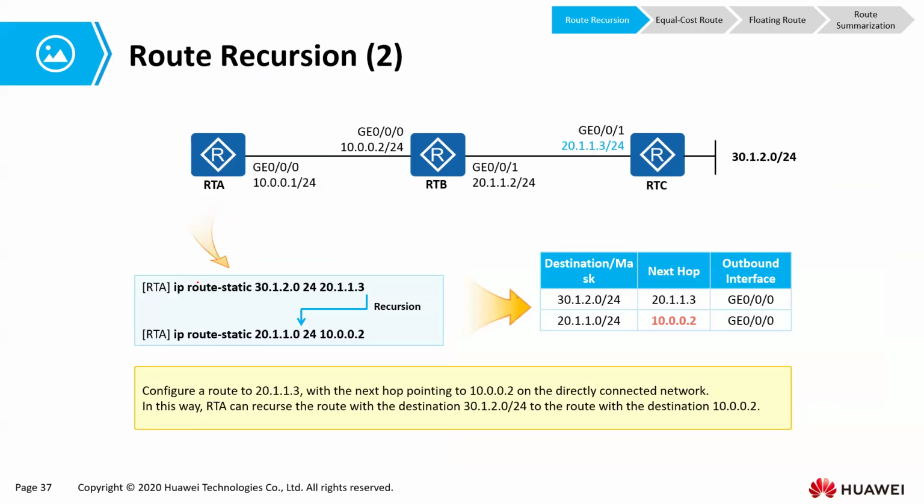Recursion. Configure a route to 2113 with the next hop pointing to 10.0.0.2 on the directly connected network. RTA can recurse the route with the destination 30.1.1.2 to the route with the destination 10.0.0.2. I think it now makes sense.